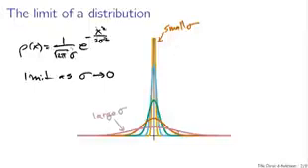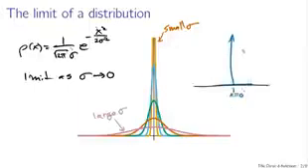So thinking about this as the limit, in the limit, we have a distribution that is infinitely narrow and infinitely tall. It has absolutely no support for any values of x other than, say, x equals 0 here. So this would be, say, delta of x as a distribution.